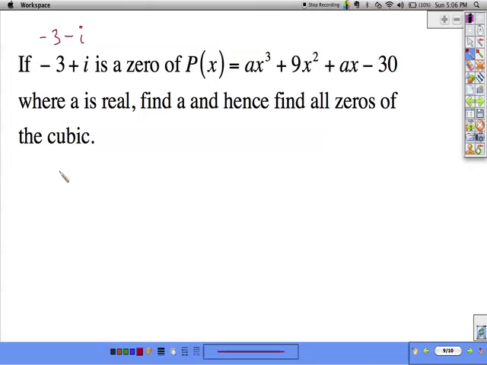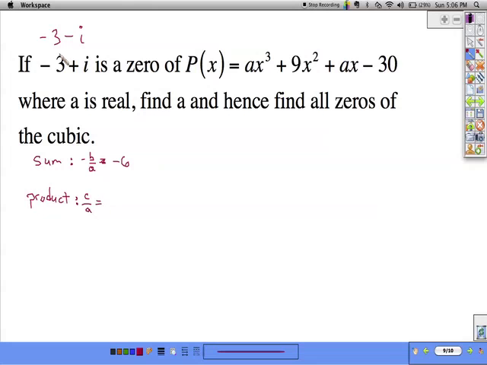In the previous section we looked at a property of quadratics that for their sum and product, there's always a nice pattern. The sum of 2 roots was negative b over a. The product of 2 zeros for a quadratic is c over a. Well, if I add these 2 zeros together, I'm going to get negative 6.